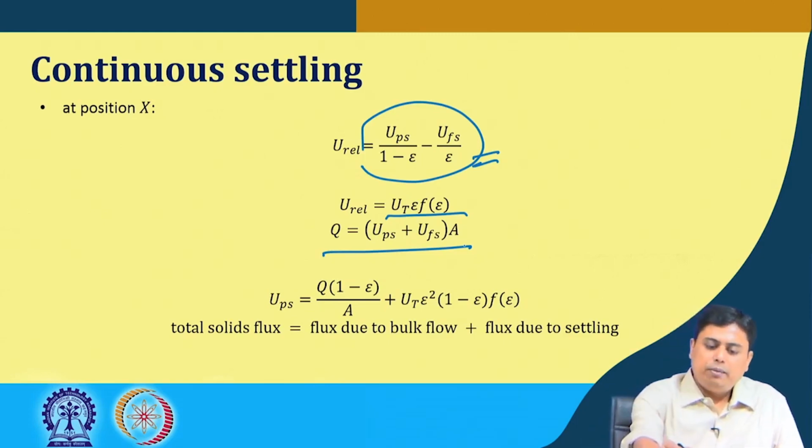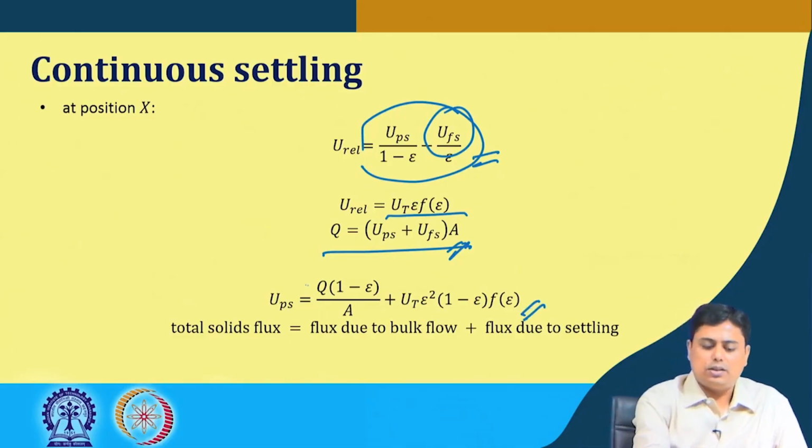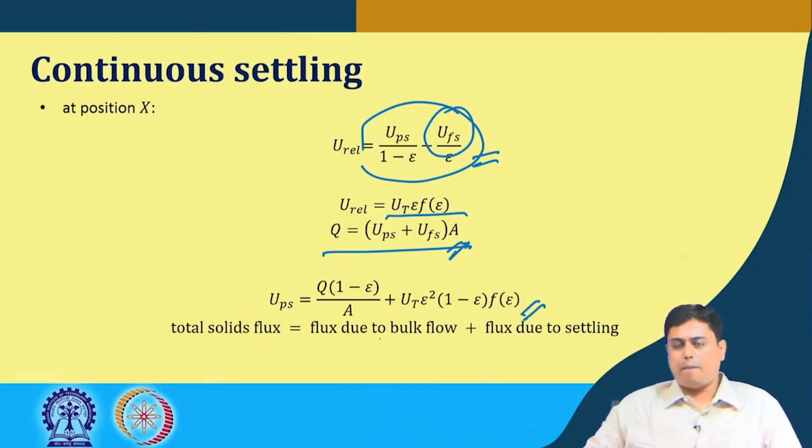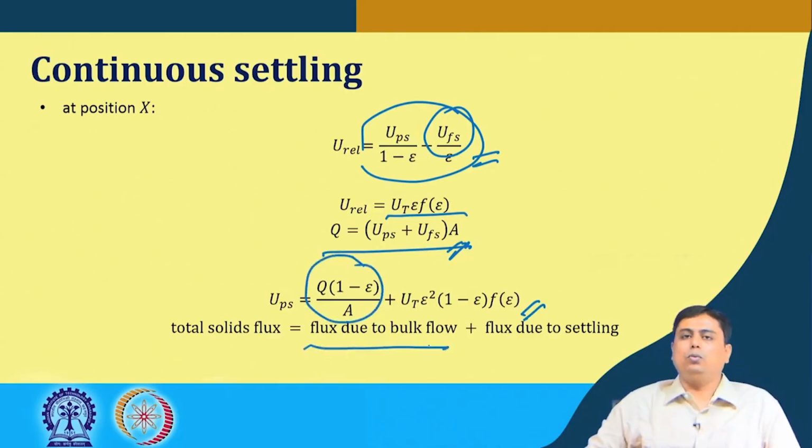Now, if we replace this UFS from this expression, we get UPS, the total solid flux, consisting of two terms. The first term, if you observe carefully, is the flux due to the bulk flow, that is Q by A multiplied by the solids fraction.